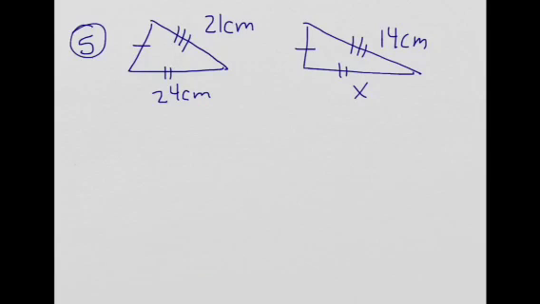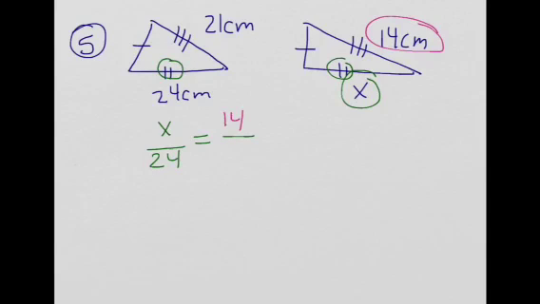All right, so now we're going to go ahead and find our x. X is on the second side of the triangle. So we're going to go to the second side of the first triangle, and it's going to be x over 24 is equal to. We're going to go back and get our next measurement, 14, which is on the third side of the triangle.